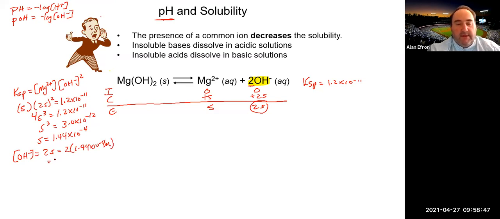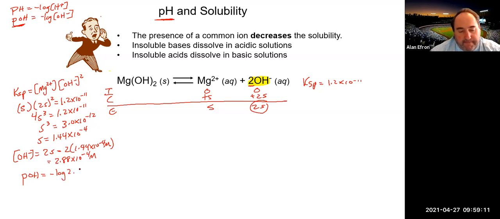that will give us a hydroxide concentration of 2.88 times 10 to the minus 4. That will allow us to calculate not the pH, but the pOH, and the pOH here would be minus the log of that.